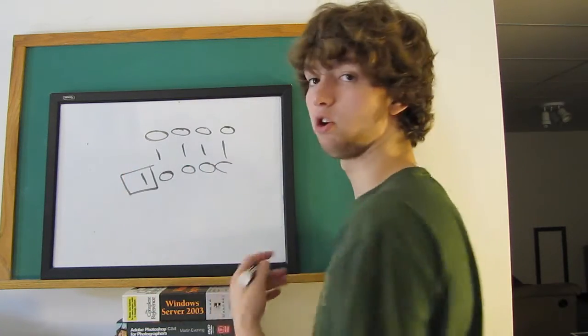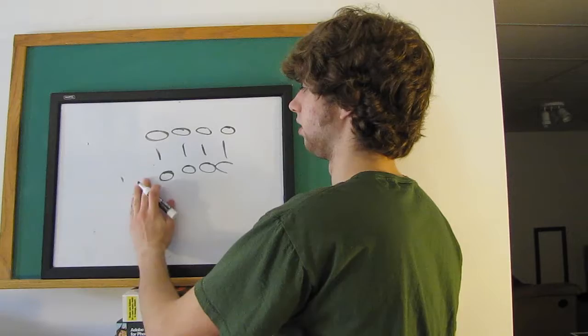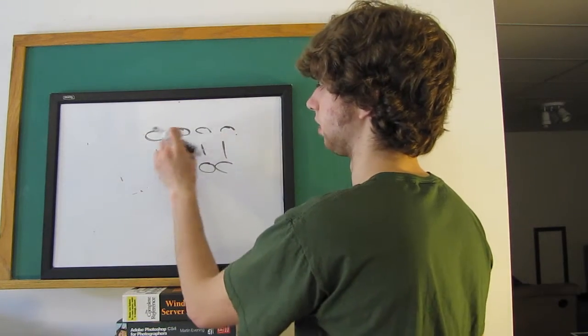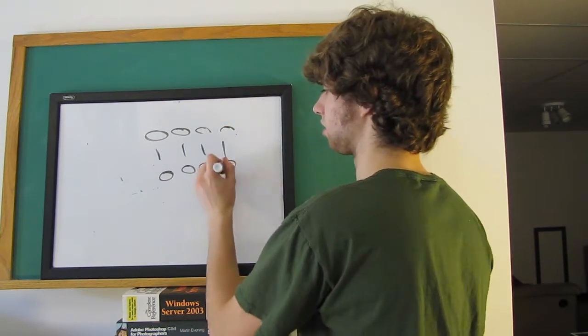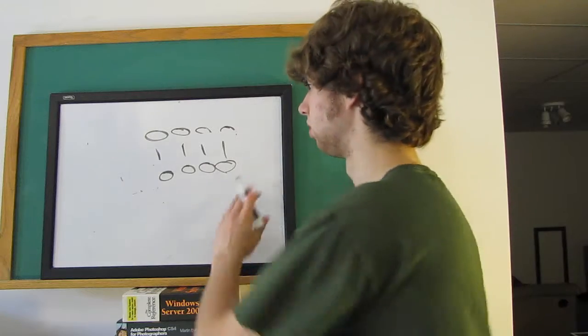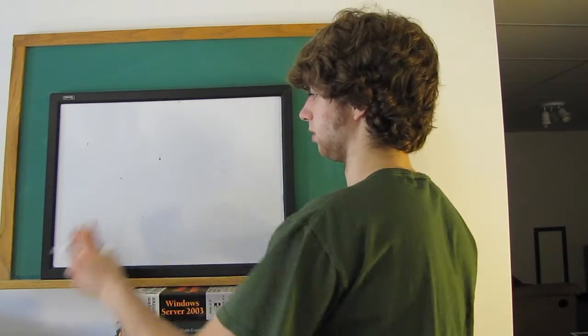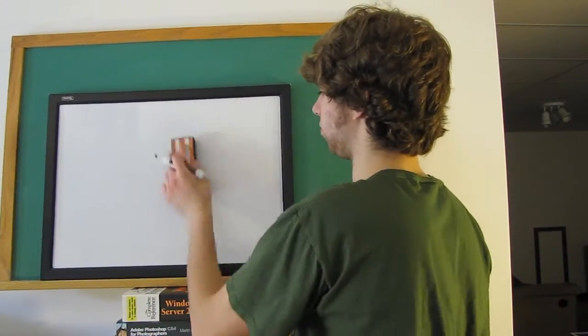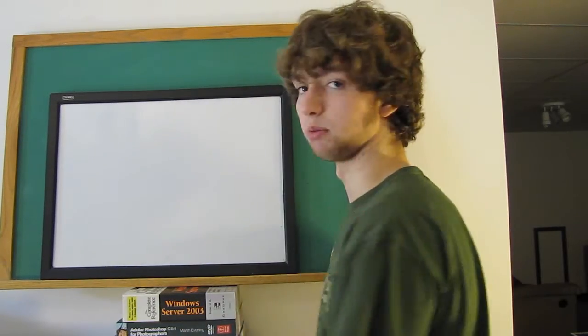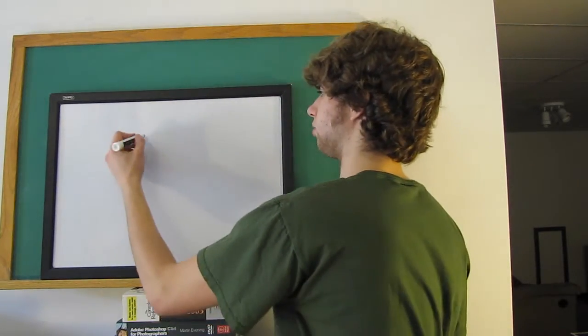This is in the overflow bit because we're obviously in a 4-bit system. We have 1, 2, 3, 4, so it's going to go back to 0, 0, 0, 0. Pretty awesome, I know.